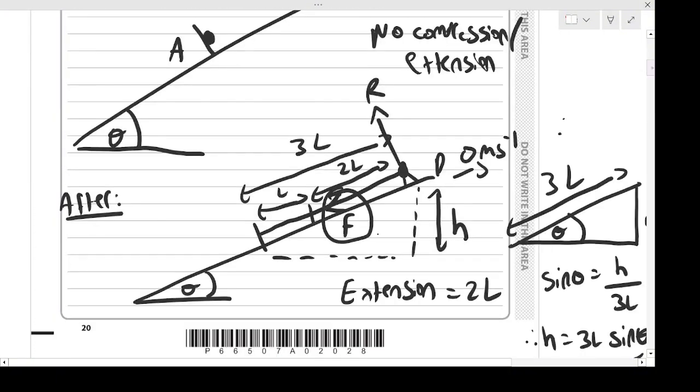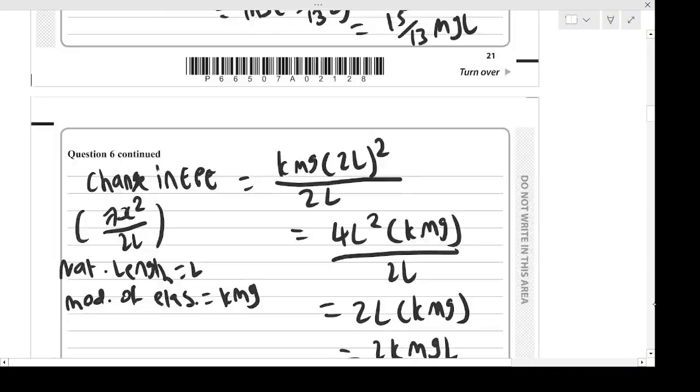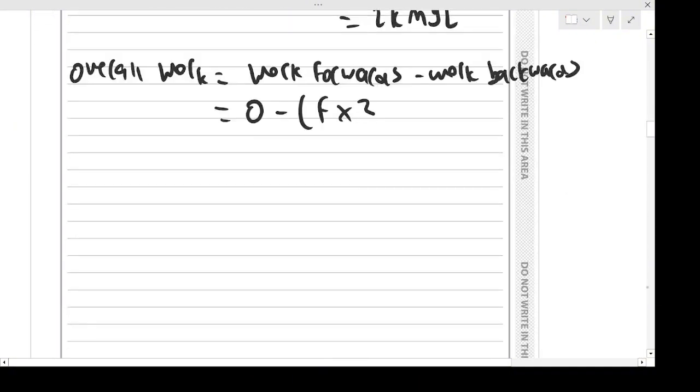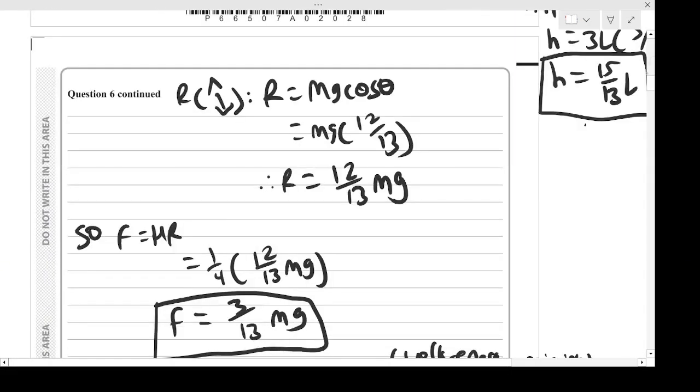Well, we already discussed it previously, it's going to be 3L. That's how far we've moved from before to after. So it's going to be friction times 3L, so that goes to minus 3FL. But actually, we also know what friction is. Friction is 3 over 13 lots of mg. So I can sub that in.